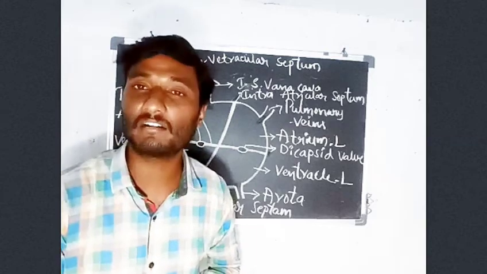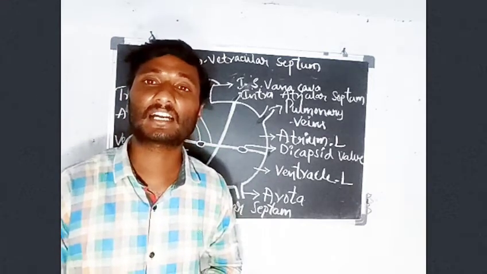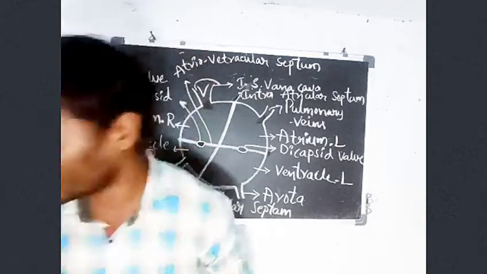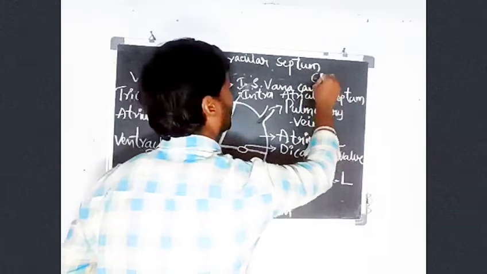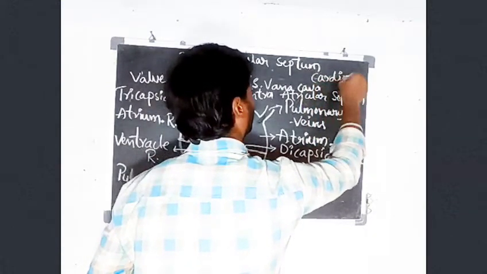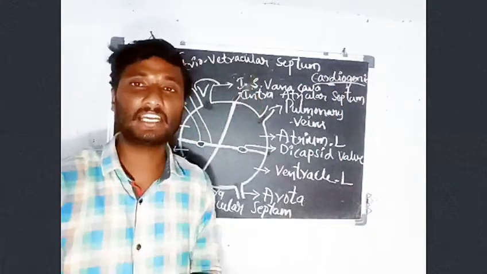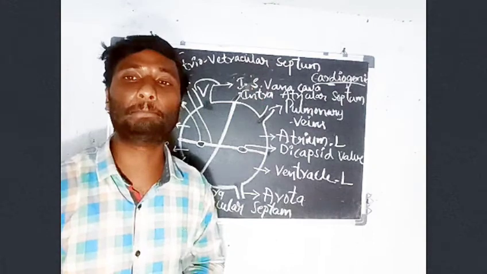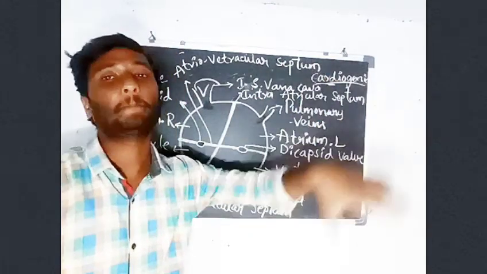That's why we call the heart cardiogenic muscles. With the help of muscles, there is no involvement of bones. With the help of muscles, our heart is prepared.